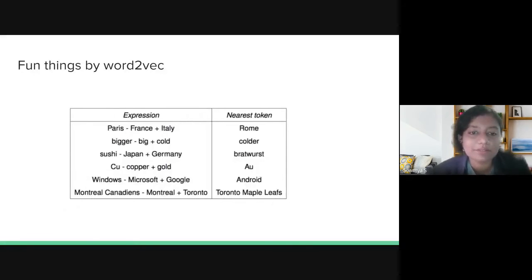Going by the analogy, these are some of the analogies that were obtained from Word2Vec: Paris is to France as Rome is to Italy, bigger is to big as colder is to cold, sushi is to Japan as bratwurst is to Germany, Cu is to copper as Au is to gold, Windows to Microsoft, Android to Google, and Montreal and Toronto, the sports teams, and so on.